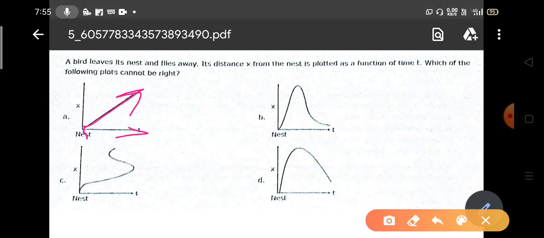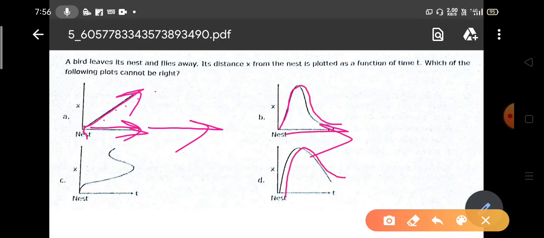The time t is positively proceeding. So with time it is traveling forward. The time is also traveling forward. In the next graph also, the bird's path goes like this way and time is also proceeding. This question also, the bird's path goes this way and time is proceeding this way.